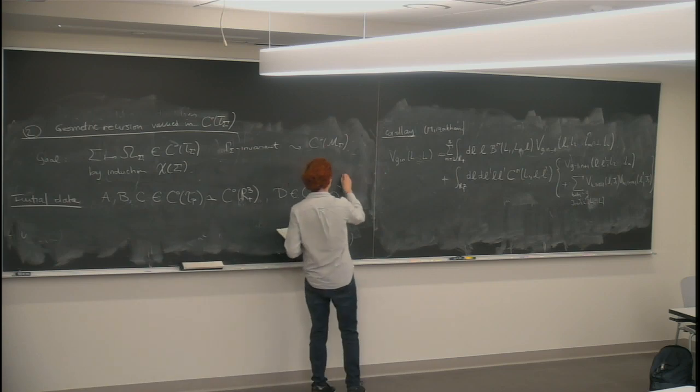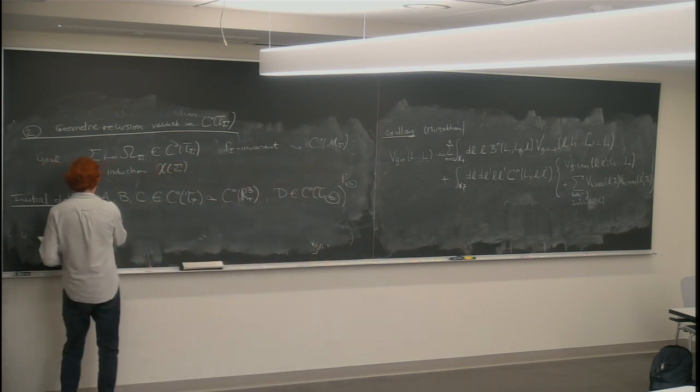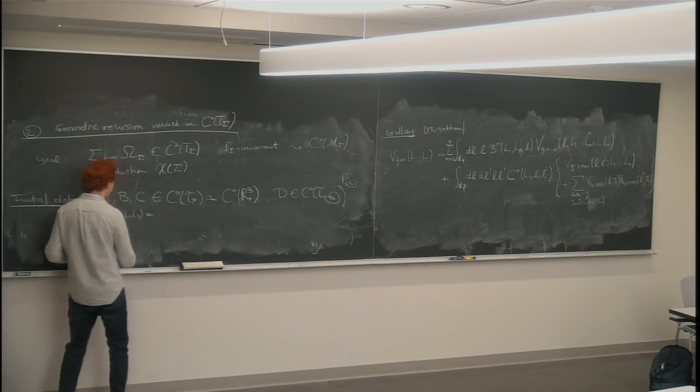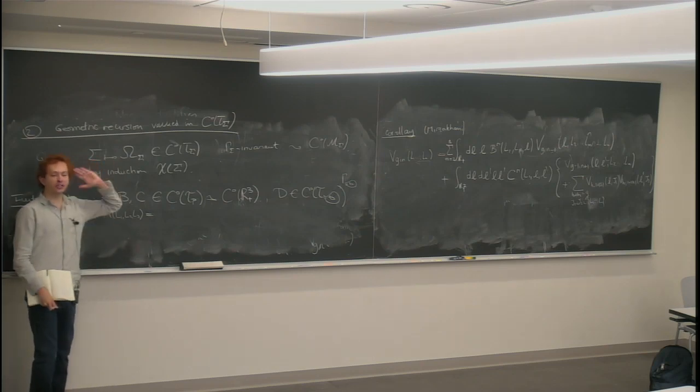And I want it to be invariant under the mapping class group of the torus with 1 hole. I will also assume that A, which is a function of 3 lengths, is symmetric under the mapping class group of the pair of pants. In my case, I have the one boundary which is special, so that cannot be touched by the mapping class.